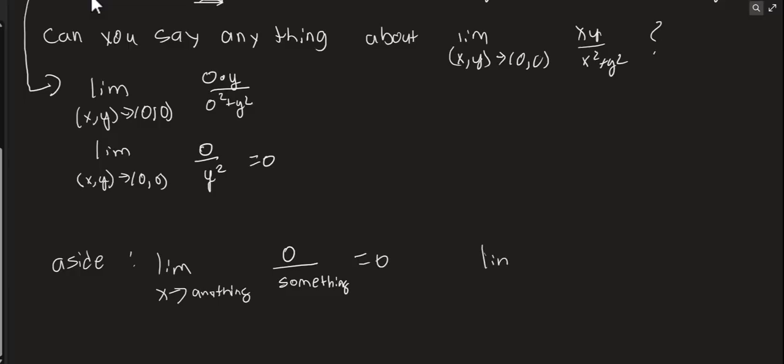So the limit as x approaches 0 of 0 over x, that's actually 0. That's not undefined, because 0 over x is just 0.